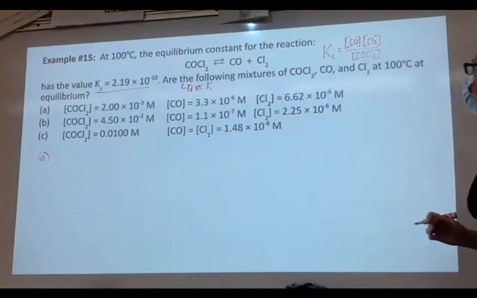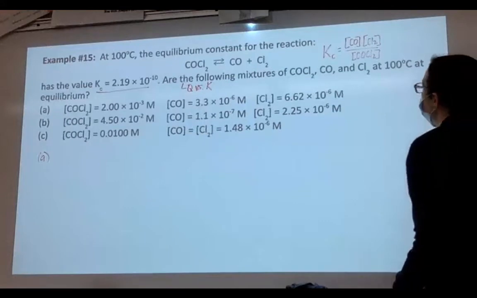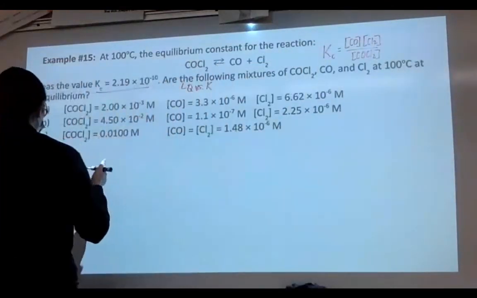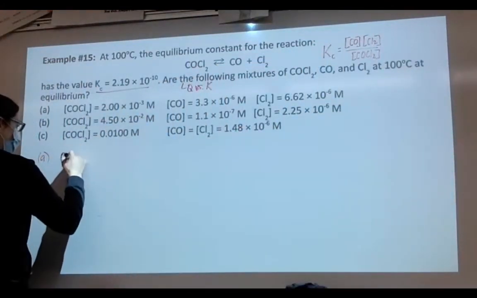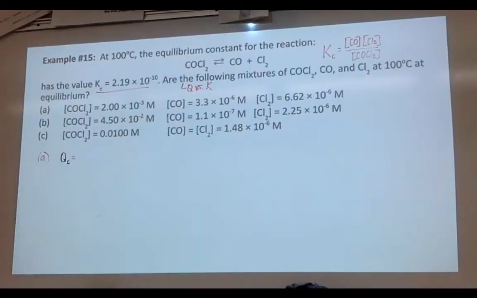There's my Kc expression. The reason that I wrote the Kc expression is because Qc is calculated the exact same way as K. So we're calculating Q because it's asking, are they at equilibrium?